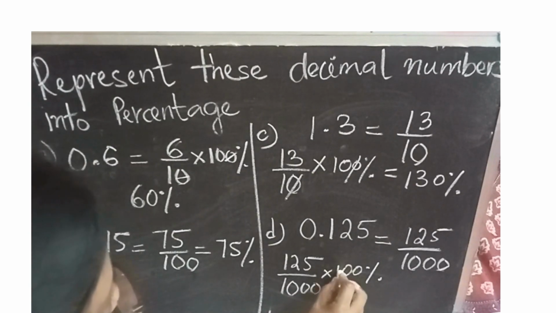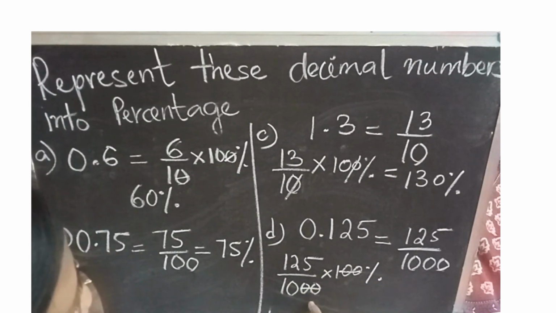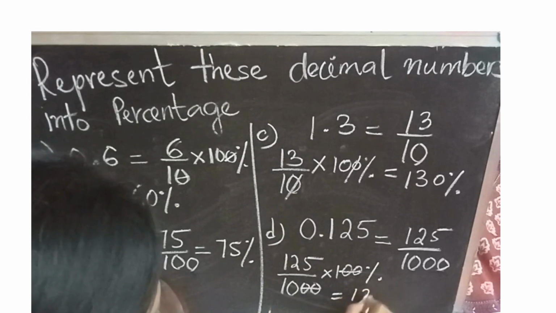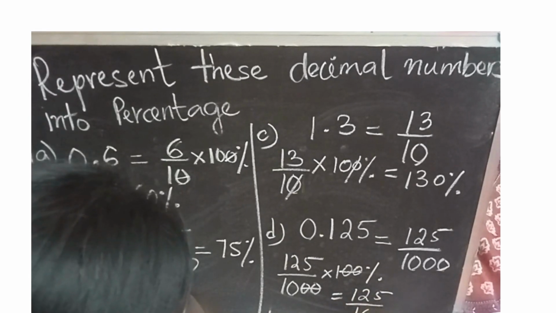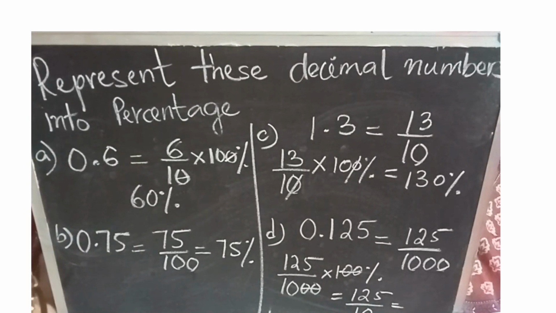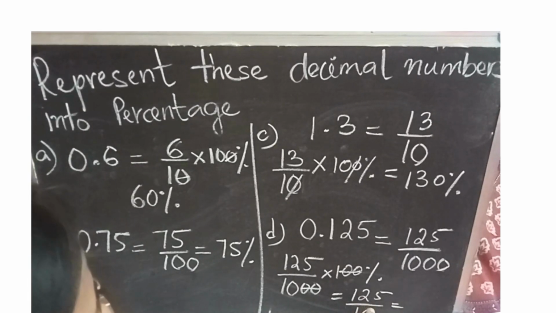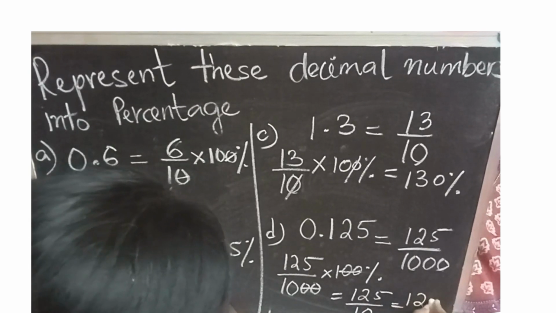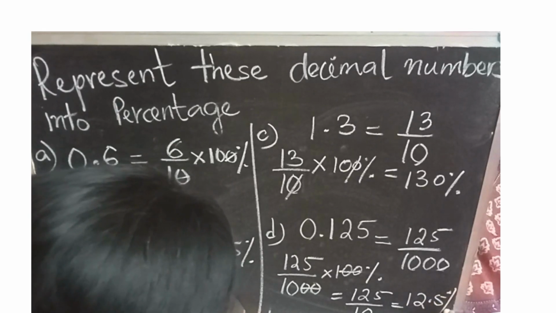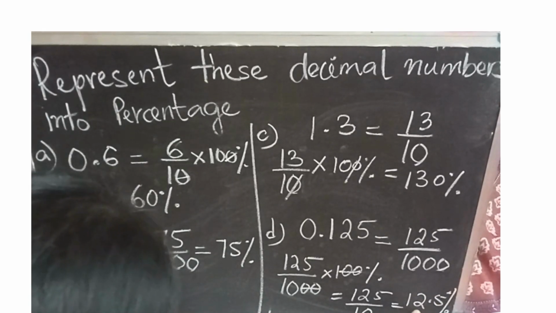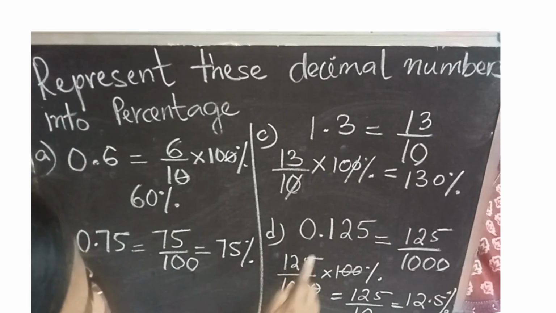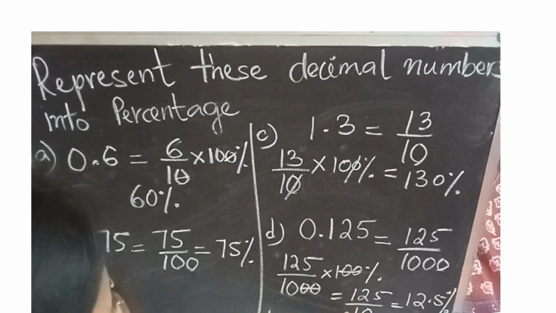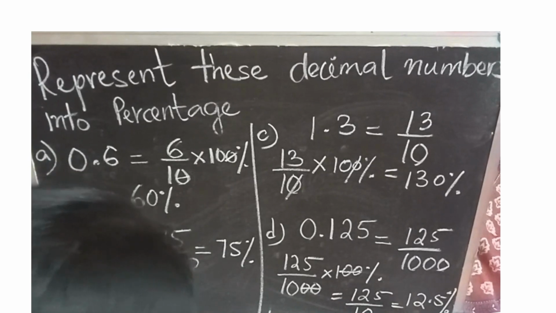So we simplify, 2 zeros cancel, and now we get 125 upon 10. Then we convert it again into a decimal number, that is 12.5%. The answer is 12.5%. 125 by 1000 multiplied by 100% is 125 by 10, and the answer is 12.5%.